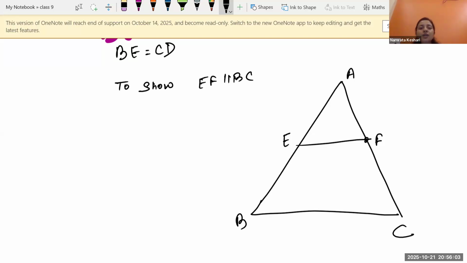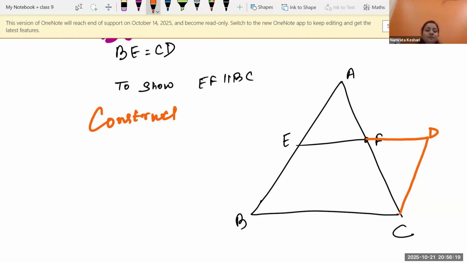So for that we did the construction. We extended this EF till the point D, and we joined this D with C. In the construction we made sure that EF and FD are the same in length.